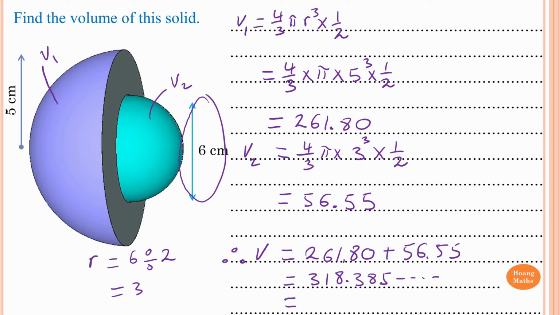So I just round off to 2. 2 or 1 or 3 doesn't really matter. But I normally put in 2 decimal places. So 318.38. But because it's the 5 after 8, so from 5 onward, we must add 1 to 8, which is 39. So don't forget the unit is cubic centimeters.